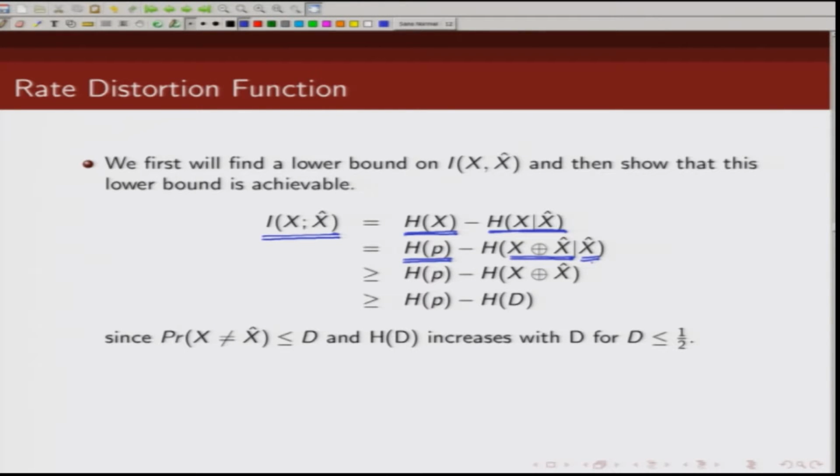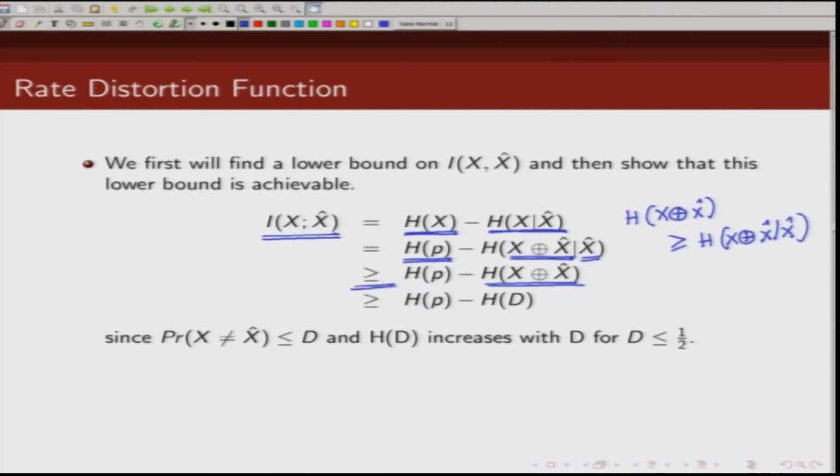If we remove this conditioning, we know that conditioning cannot increase entropy. So, h of x XOR x hat is larger, and we are subtracting a larger quantity.